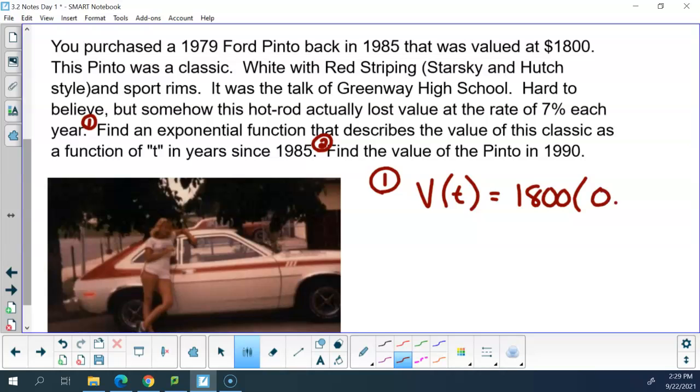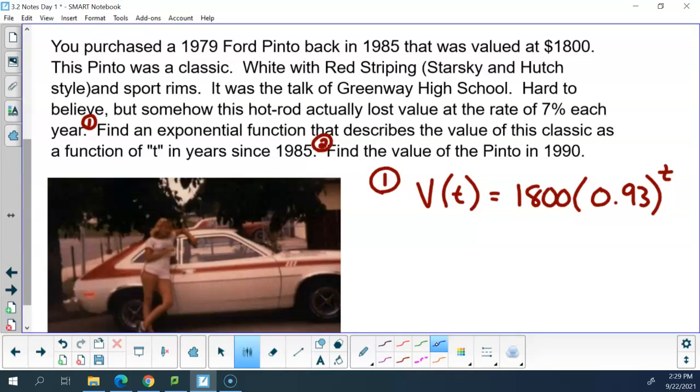That means it's going to be 0.93 to the t power. If I plug in, 1990 is how many years since 1985? 5.